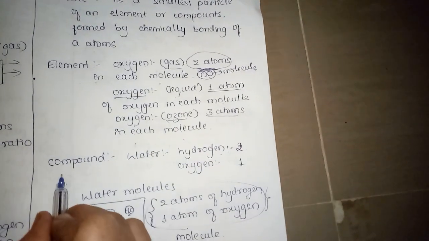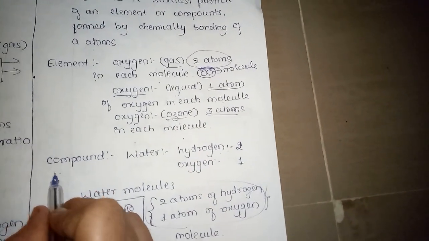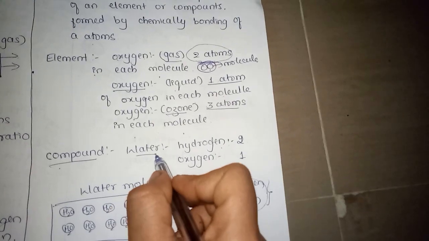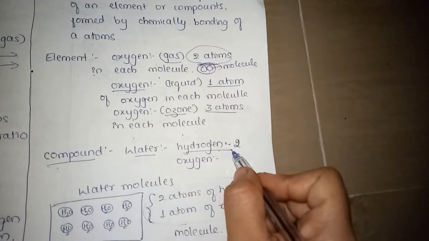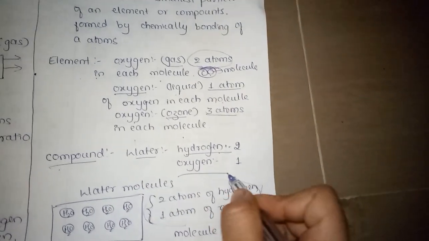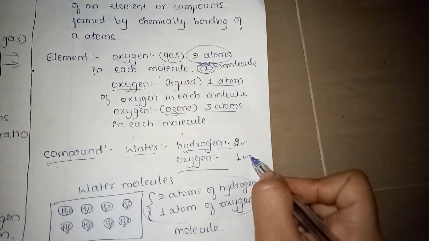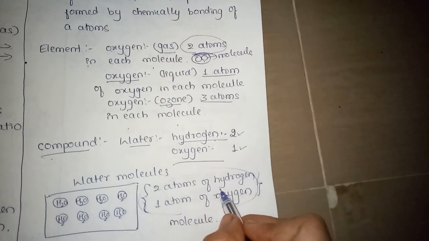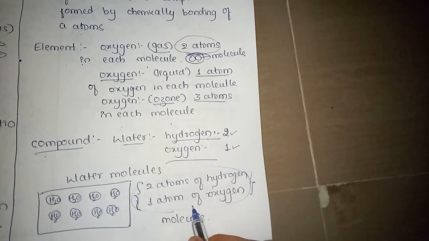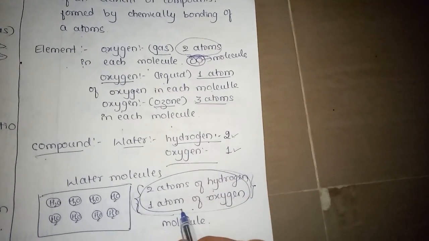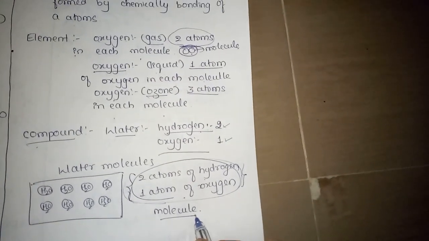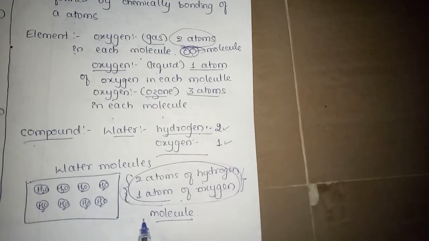Now come to the compound, how it is formed. Let us take the water example only, where hydrogen and oxygen are taken in the ratio 2:1, where 2 atoms of hydrogen and 1 atom of oxygen are combined together to form a molecule. Why are we considering it a molecule?